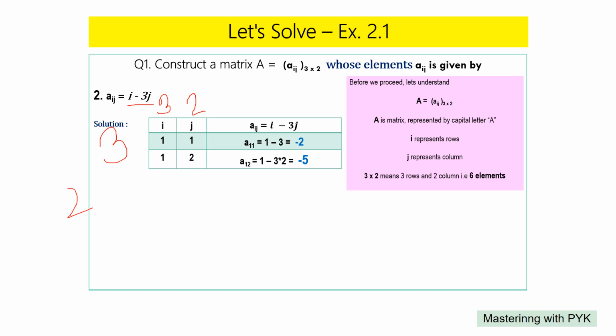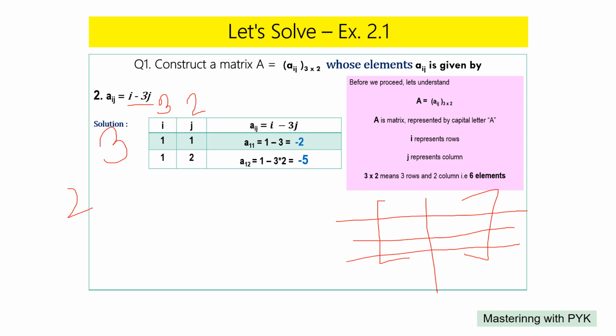Similarly, we have A12, i is 1 and j is 2. This means we are talking about the element in the second column. Putting the values, we get i as 1 less 3 multiplied 2, that is j is 2 now. We get 1 less 6, which comes out to be minus 5.